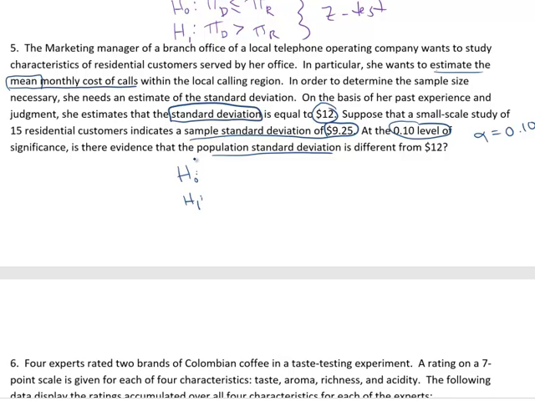We're focused on the standard deviation, so the hypothesis will be referring to standard deviation, or sigma. And your sigmas are probably nicer than mine. But is different from $12. So different from means equals and not equals. That's what different means. So the alternative is the population standard deviation different from $12, or the null would say, is it the same?